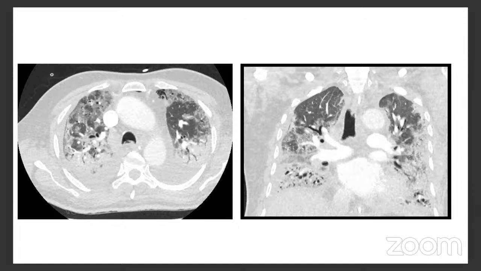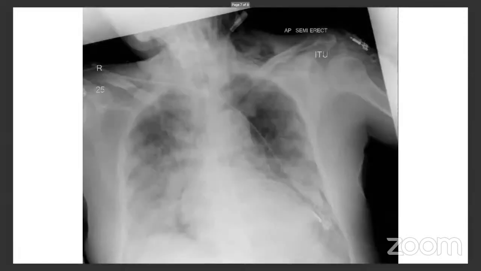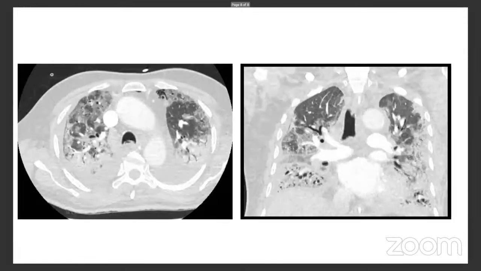And some of the things that I'm reminded of is that only 20% of patients with COVID symptoms, early disease, have anything on the X-ray, and you cannot even see anything on some of the CT scans, which is quite surprising.